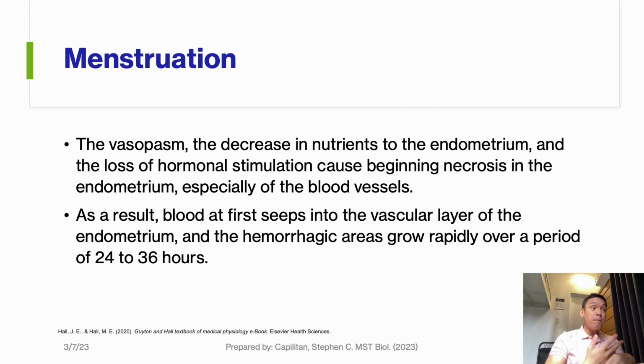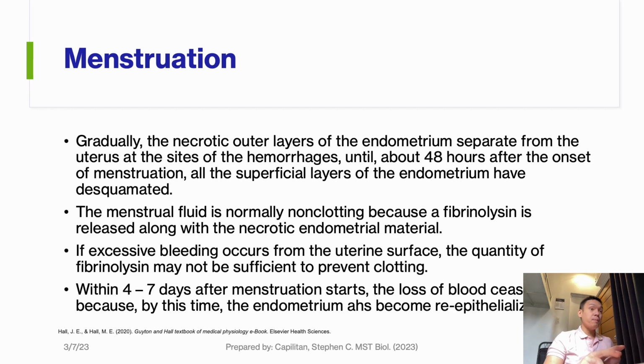The vasospasm, the decrease of nutrients to the endometrium, and the loss of hormonal stimulation cause beginning necrosis in the endometrium, especially of the blood vessels. As a result, blood at first seeps into the vascular layer of the endometrium, and the hemorrhagic areas grow rapidly over a period of 24 to 36 hours.